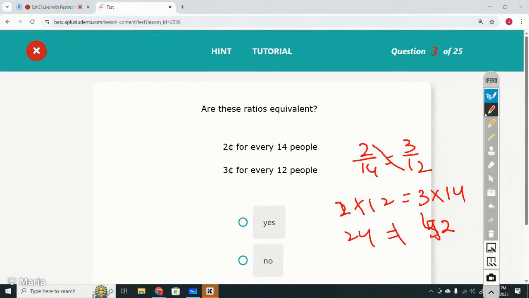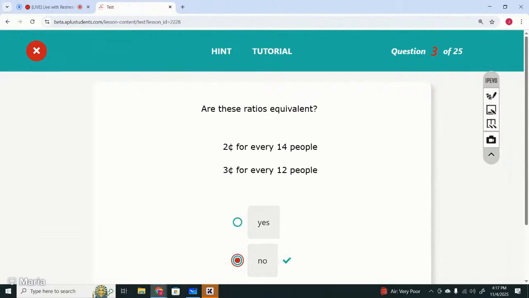So they are not equal. The correct option is no, the ratios are not equivalent.